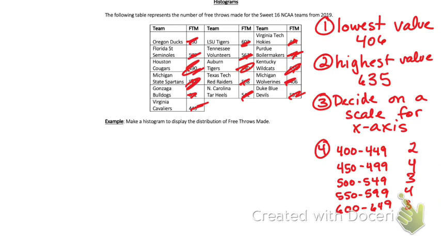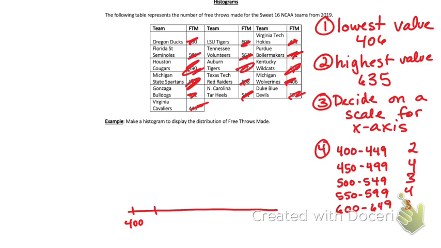All right, what do you guys think we do now? Actually make the graph, right? So I'm going to have my x-axis here, and I'm going to start at 400. Now, what will my next value be on the graph here? Nope. 450.